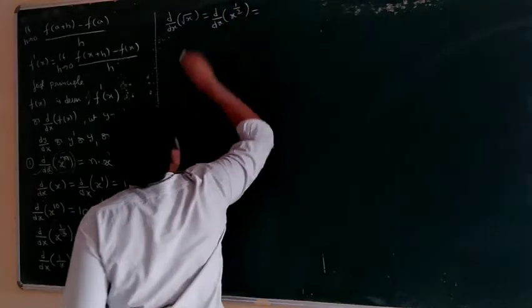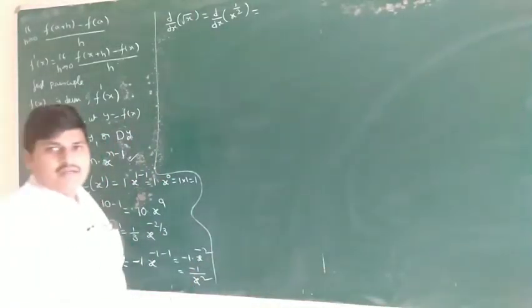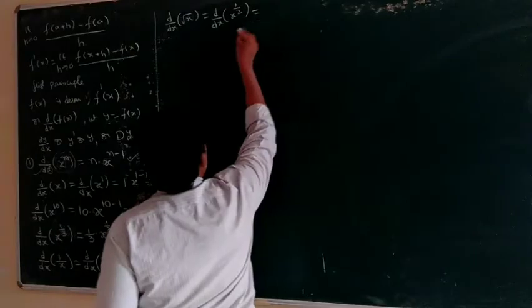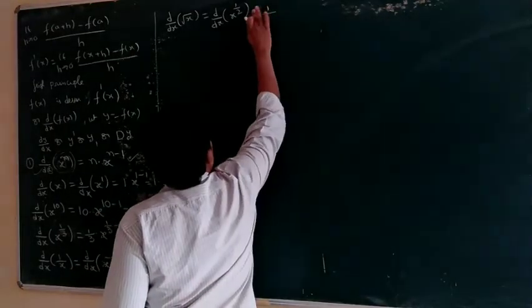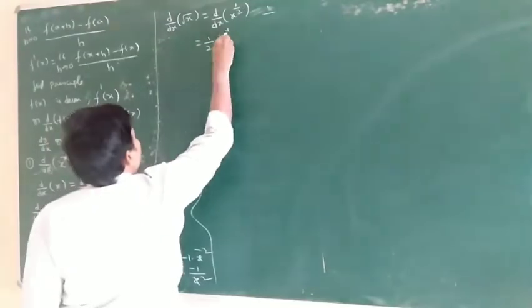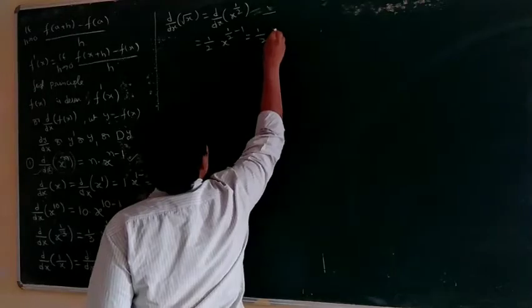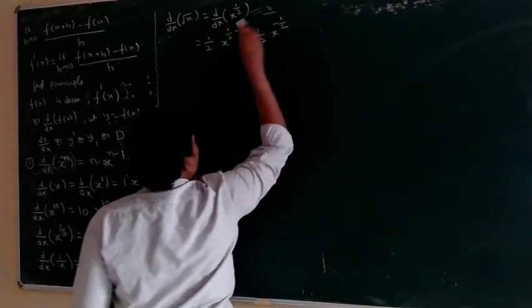x power 1 by 2, which type of formula is this? The x power n formula, n into x power n minus 1, that is equal to 1 by 2 into x power minus 1 by 2.